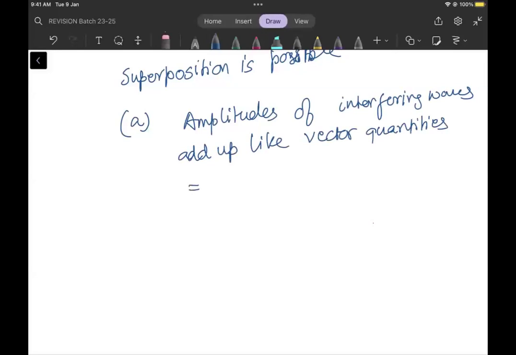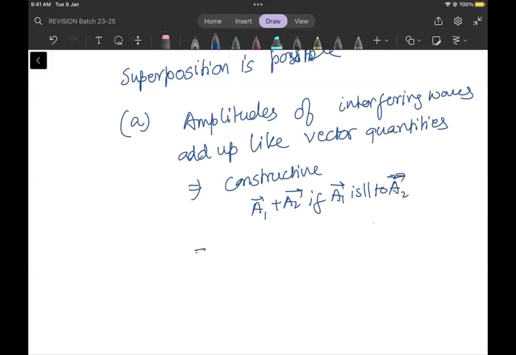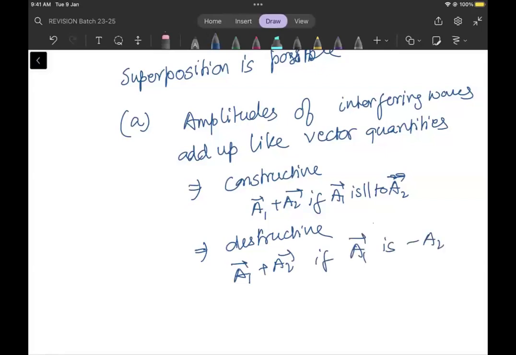This implies that there can be constructive interference, that is A1 plus A2, if A1 is parallel to A2. And it can also mean destructive interference. This means A1 plus A2, if A1 is minus A2, opposite to it.